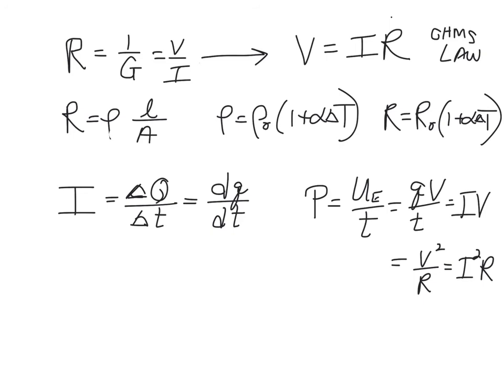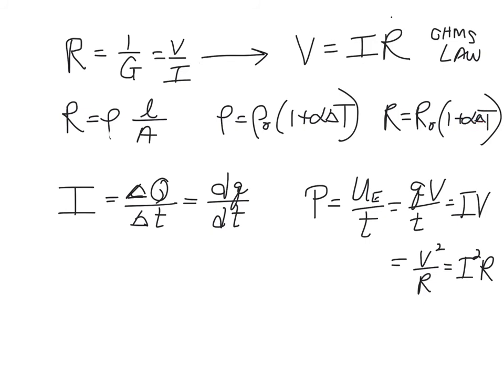And if we multiply this by L over A, we can turn this equation into a useful equation, which will be useful in the assignment, that the resistance at any temperature will be equal to the resistance at room temperature, 20 degrees Celsius, times 1 plus the temperature coefficient times the change in temperature.